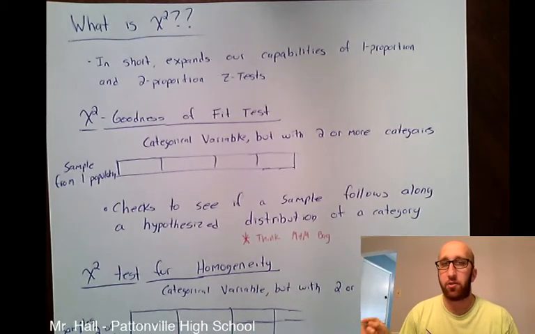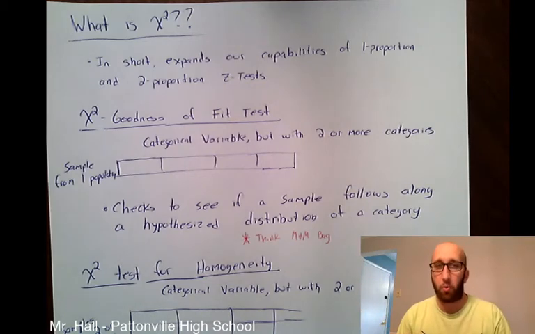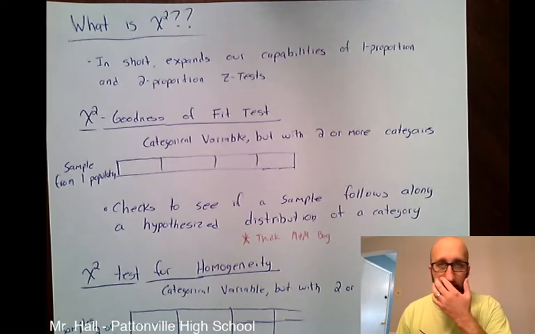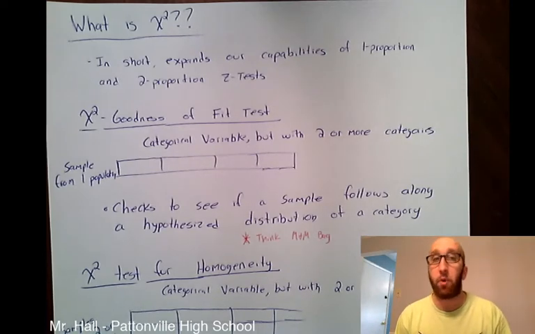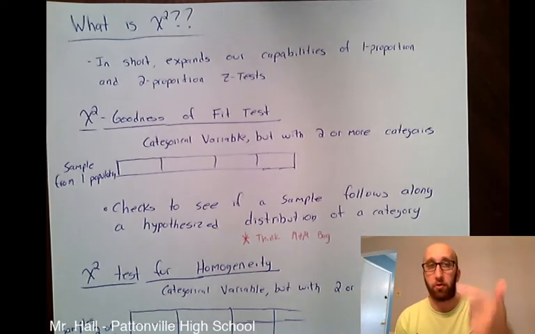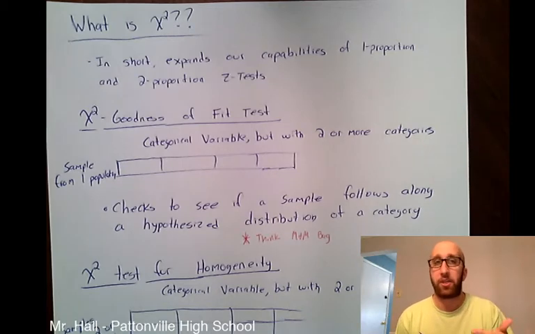But instead of trying to do each of them individually over and over again, it does it all at once. Now, why might that be helpful? Well, first off, it's a little bit more efficient than running multiple one proportion z-tests over and over again. But additionally, you have to think about the ideas of type 1 and type 2 errors. Every single time you run a test, you have a chance of committing a type 1 or type 2 error.